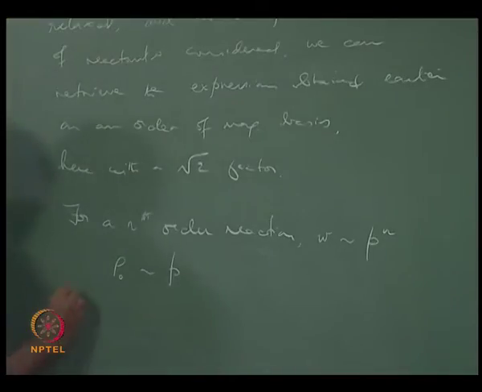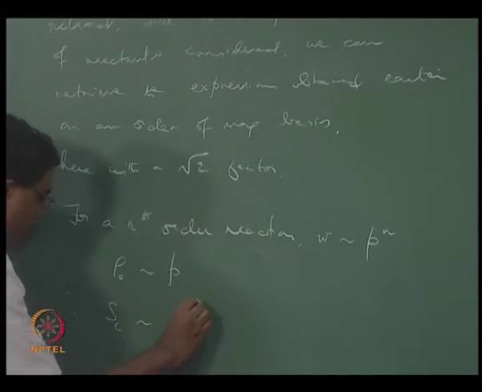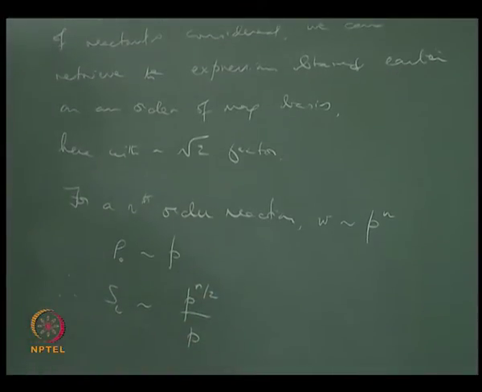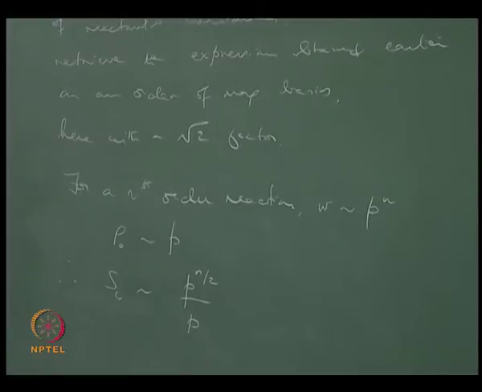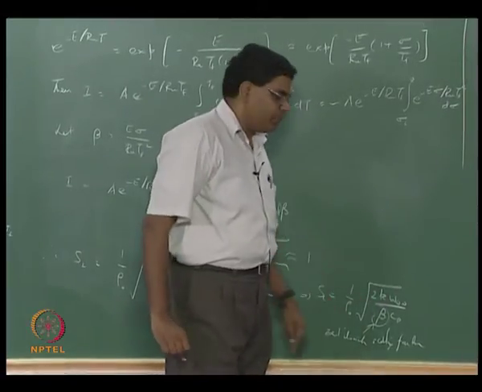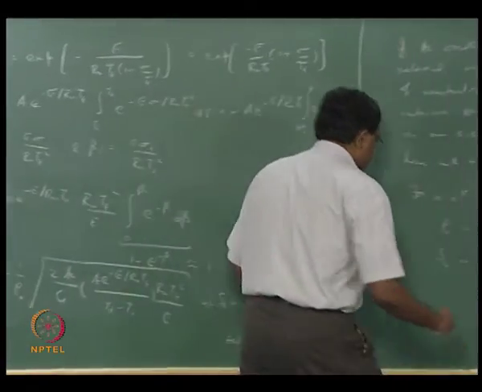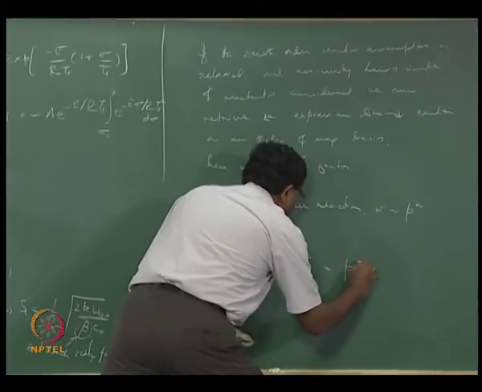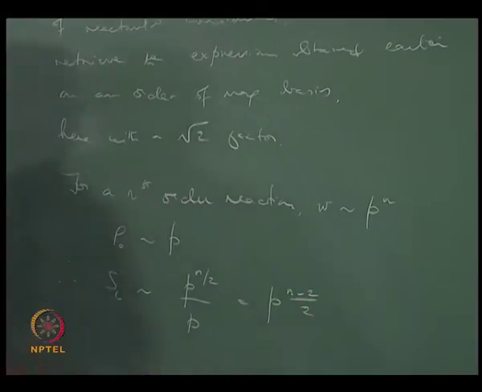Therefore your SL is going to go as P power n by 2 divided by P, n by 2 coming from having W depend as p to the n and then under square root. Therefore you are going to have this as p to the n minus 2 divided by 2, or you can say n by 2 minus 1, so n minus 2 divided by 2.